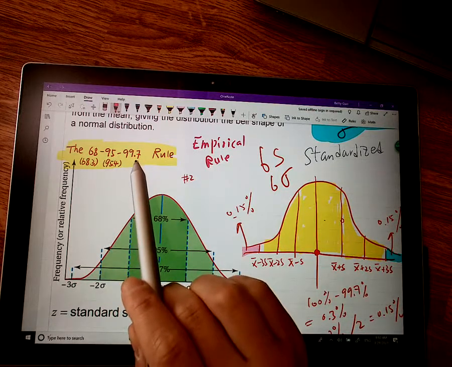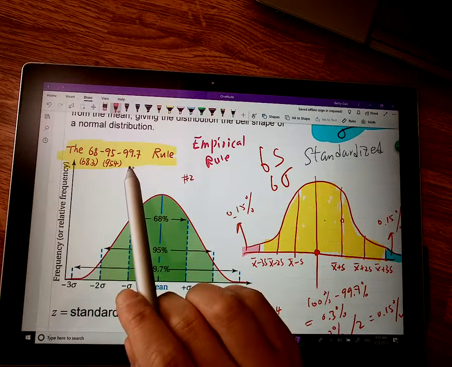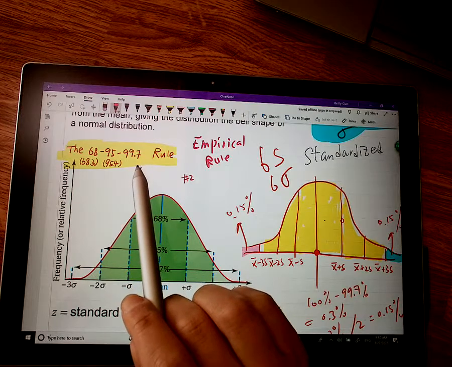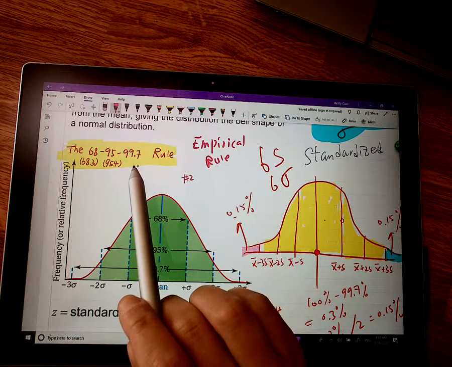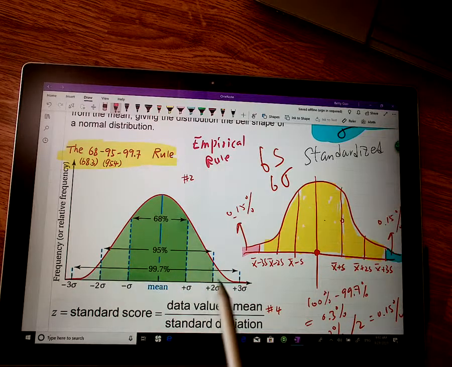And 99.7: in a population which is normally distributed, about 99.7% of the values, that's almost all, right? 99.7% of the values fall within 3 standard deviations away from the mean.